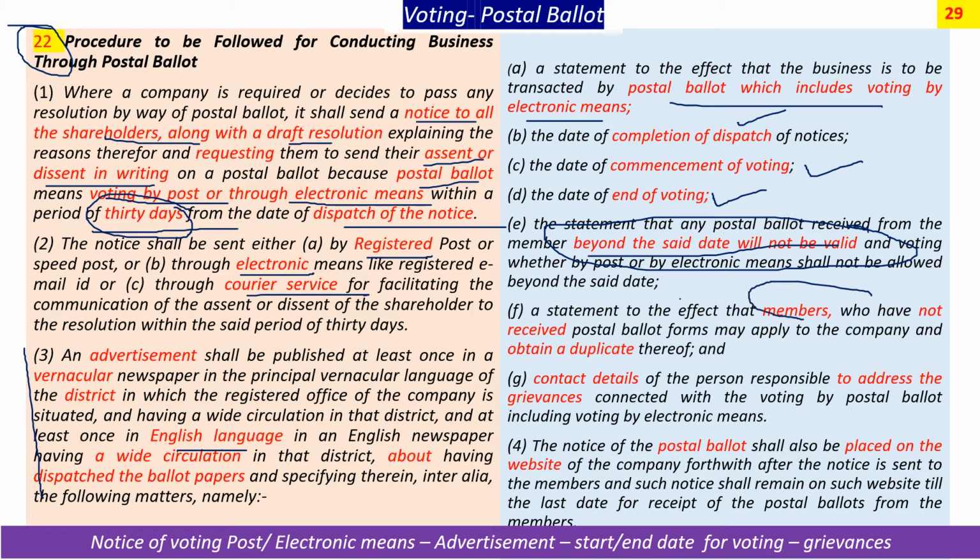People who have not received any notice papers based on the newspaper can obtain a duplicate, and they can also lodge their grievances with the company. And the notice of postal ballot is also placed on the website. This is just to take the vote directly from the shareholders without calling them for a meeting.